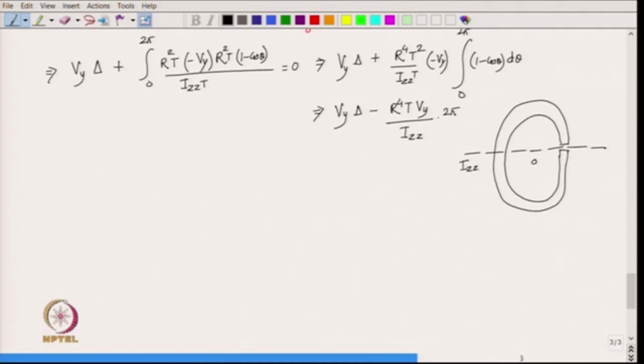Now, since this is a circular cross section, Izz and Iyy will be same, and Ixx is actually Iyy plus Izz, which is 2 times Izz, and that is coming from perpendicular axis theorem, which you may have learnt in your first year mechanics course.